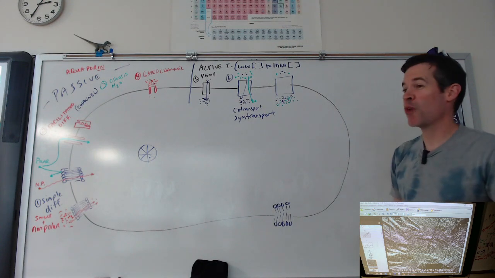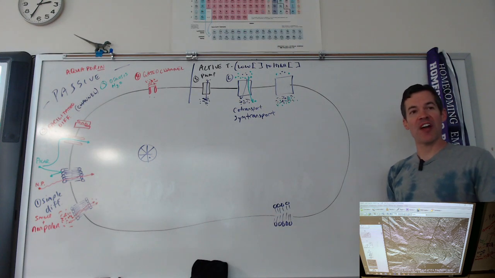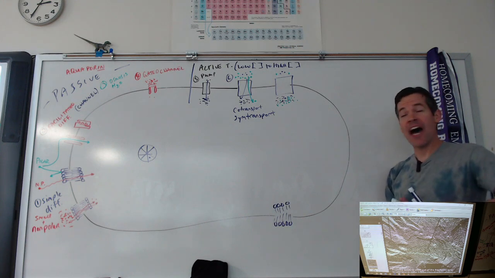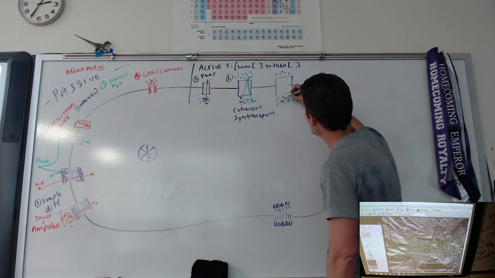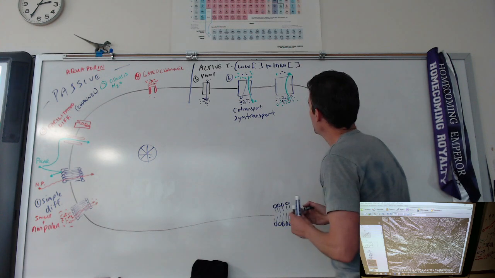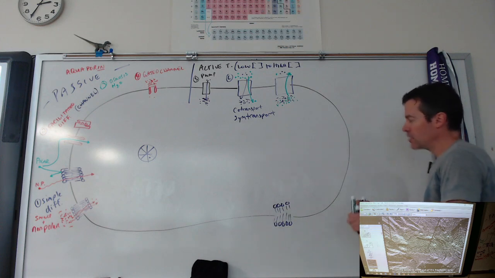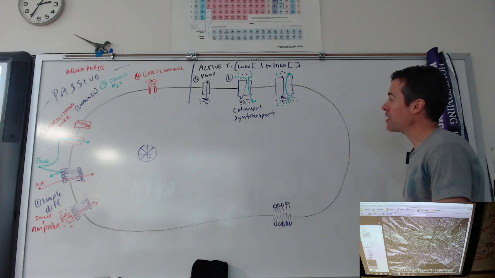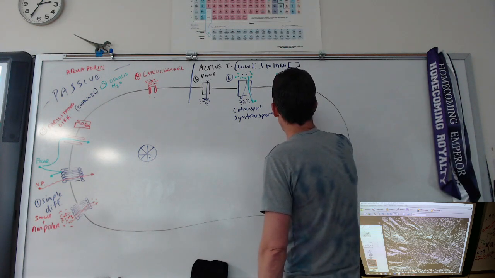So now, which way will the green ones move, in or out? They'll move out, because the green ones are going to move from high to low. They're just doing regular old diffusion. So they're going out, and we're wanting to pull in the purple babies this way. So now they're going opposite ways. So we don't call it co-transport, we call it counter-transport.